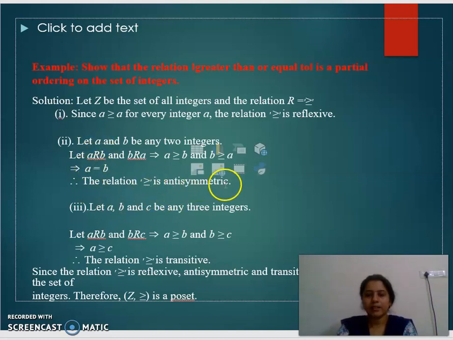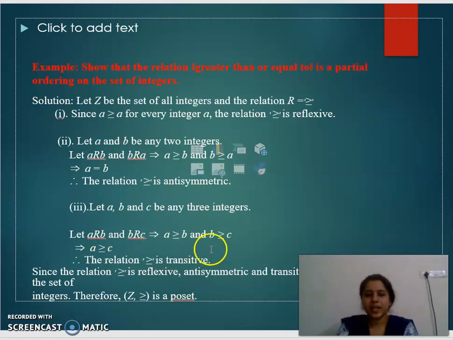Coming to antisymmetric, if A is greater than or equal to B and B is also greater than or equal to A, then definitely A must be equal to B, where A and B may be any integers. So it satisfies the antisymmetric property.